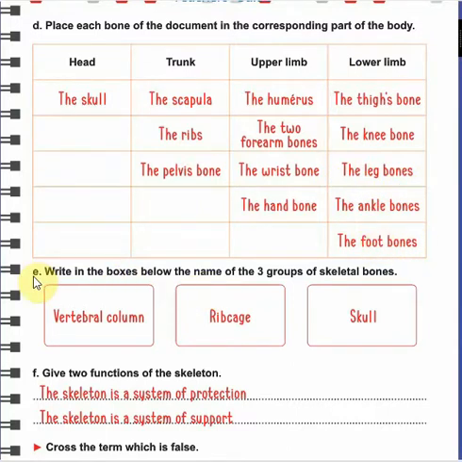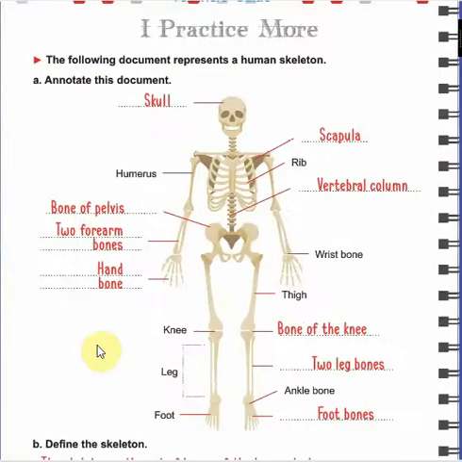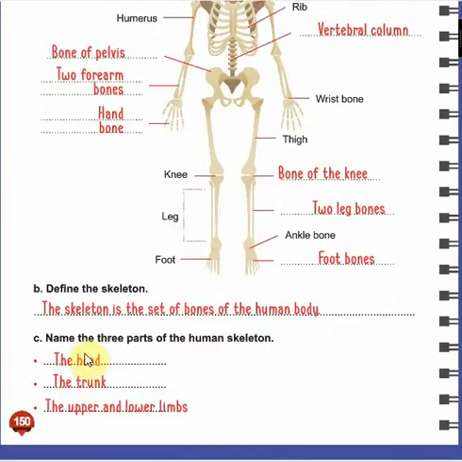In part E, you are going to write in these boxes the name of the three groups of the skeletal bones. There is a difference between part C and E. In part C, as I told you, you are going to name the three parts of the human skeleton يلي قلنا عنهم head, trunk, and limb.